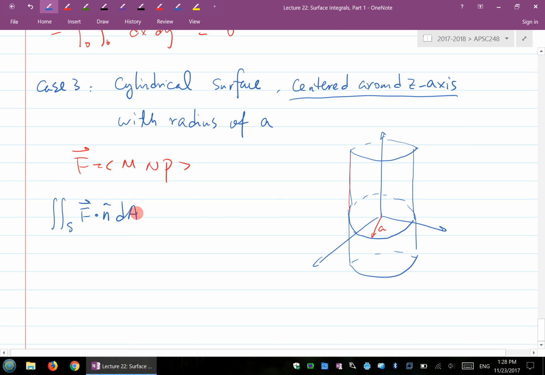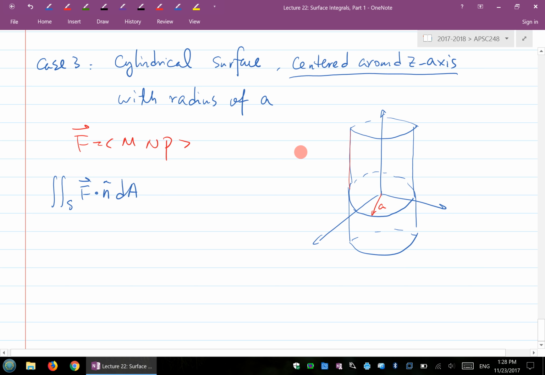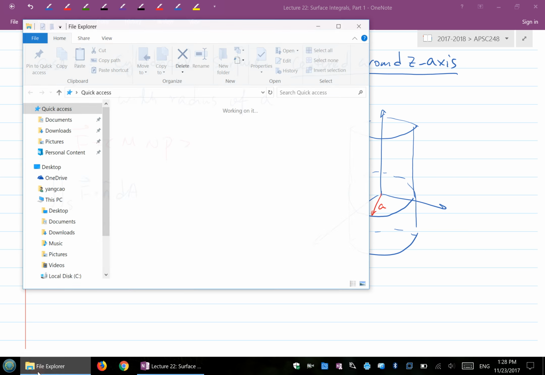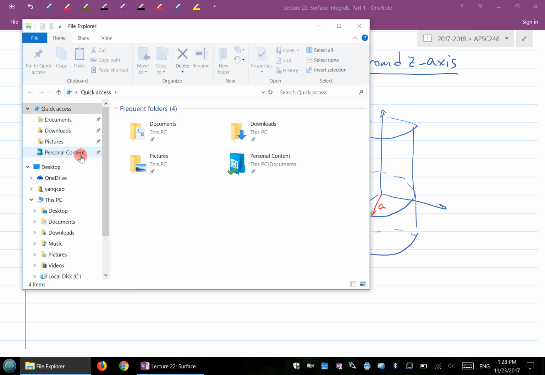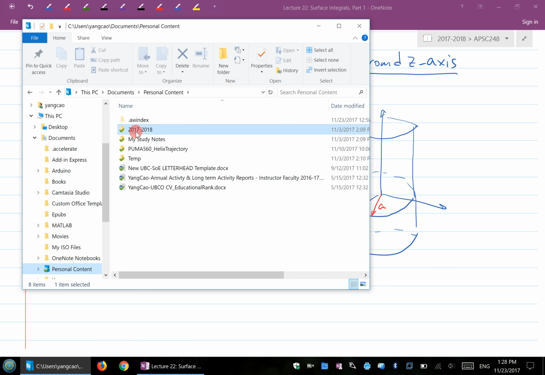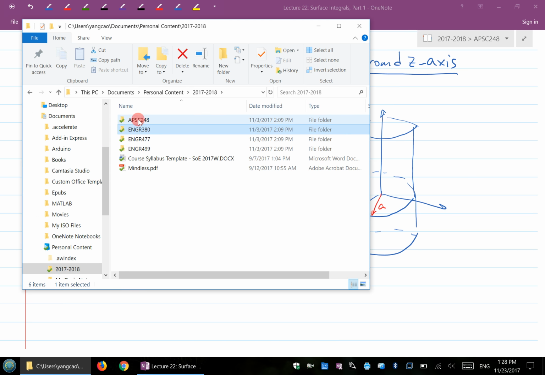That's basically what we need to figure out here. So first of all, let's look at the dA. Now to find the dA, let me bring my pictures into my notes.